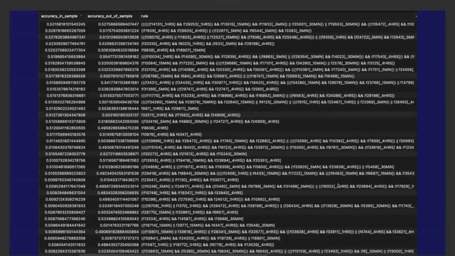This is an example of how our alpha mining algorithm works. Here, actually, it's not a good experiment, because the top accuracy is something like 53%, which is very, very low. Typically, for our live portfolios, we have accuracy from 57% to a maximum of 64%.